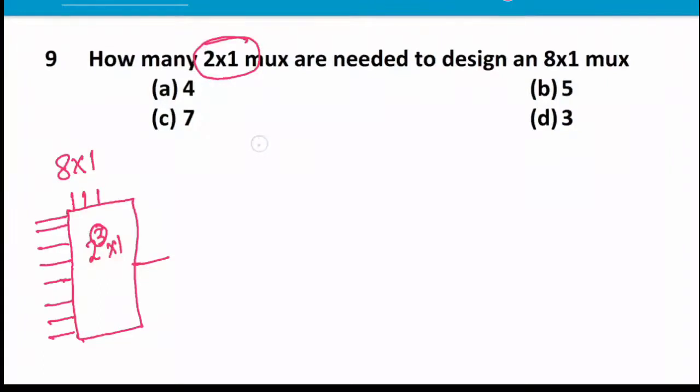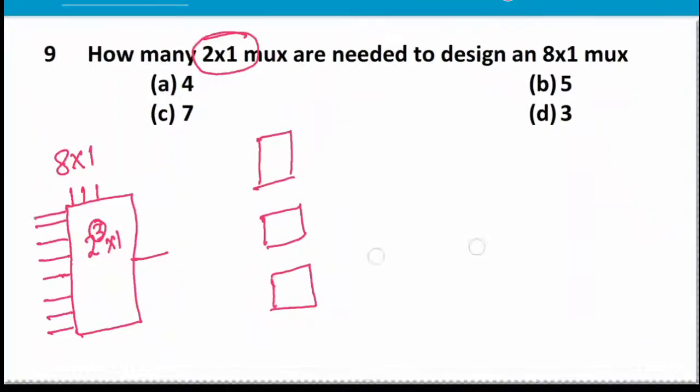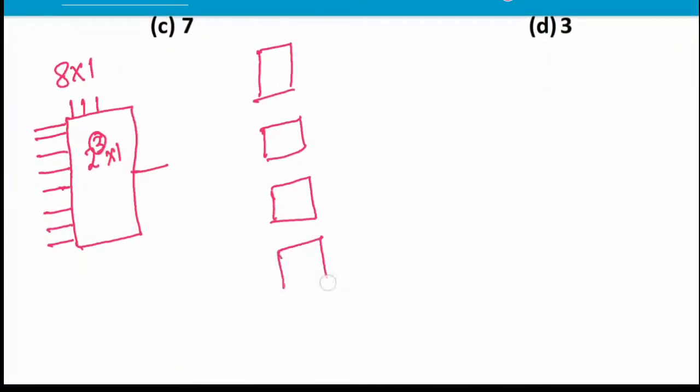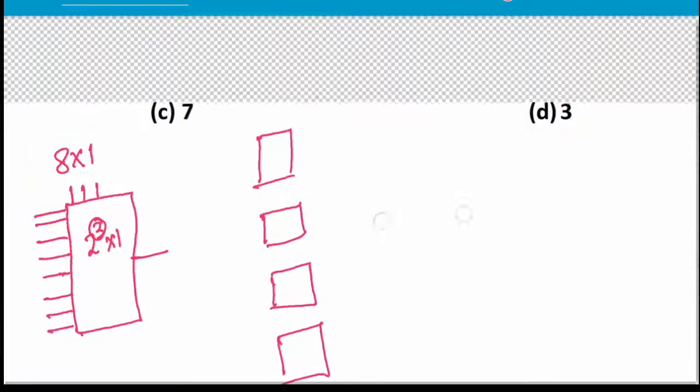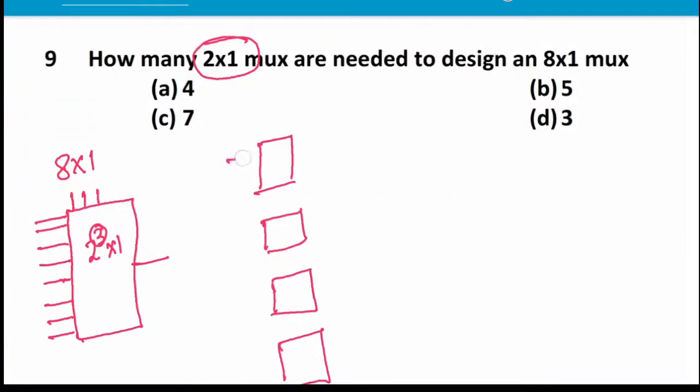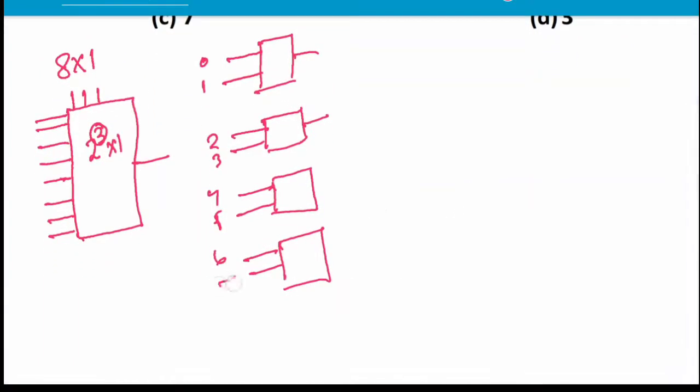So here we will have 1 2 3 and 4 of these 2x1 MUX. That means each has 2 inputs, 1 output, and here we are getting 0 1 2 3 4 5 6 and 7, 8 inputs.